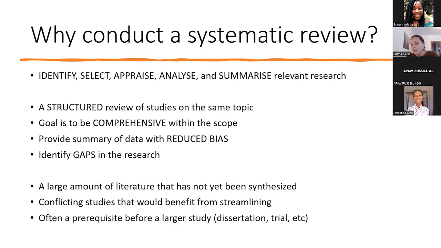So in some areas, there may be many studies that are always giving the same result, right? That may not then need a systematic review because you may say, well, we kind of know the answer. But if there are a lot of conflicting reviews, you may want to have a process for rigorously evaluating it to say, well, is this intervention really a net positive or a net negative?